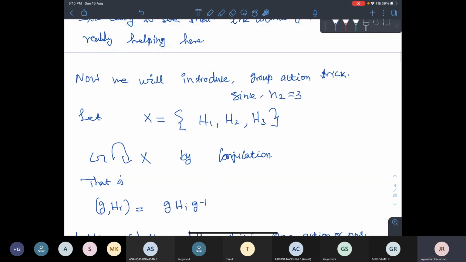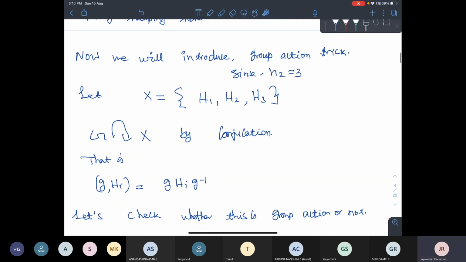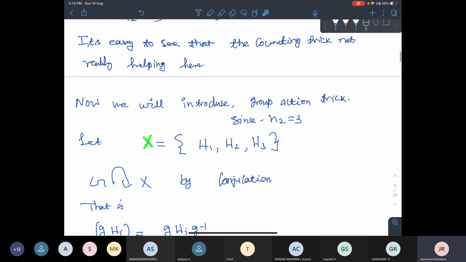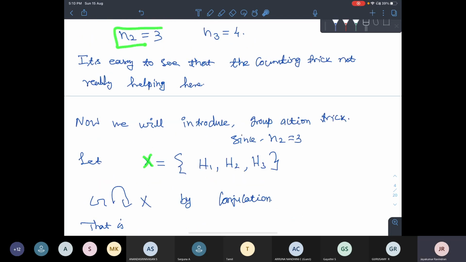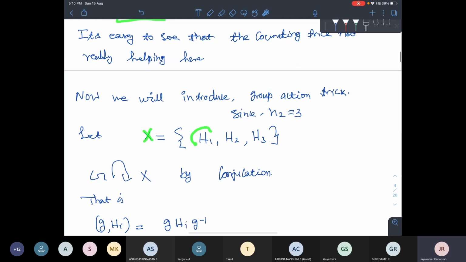Now we will introduce some group action trick. What is a group action trick? Okay, let's take a set. So remember that we have n2 is 3. So I have H1, H2, H3.